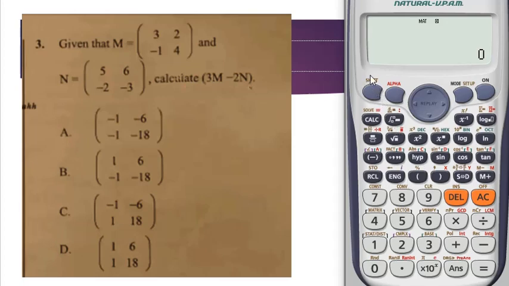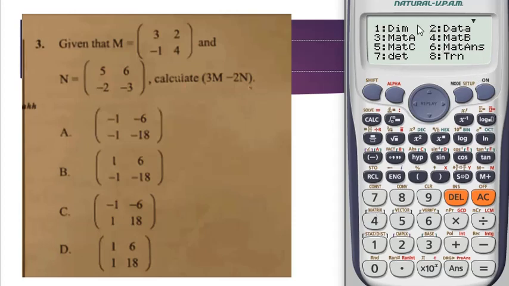Shift is also in yellow. And whenever you meet any notation which is in red, it means that it corresponds to alpha, which is in red. So matrix is in yellow, so it corresponds to shift. In order to get what is inside the matrix, you need to use shift. So click on shift and then click on 4, which is the matrix.